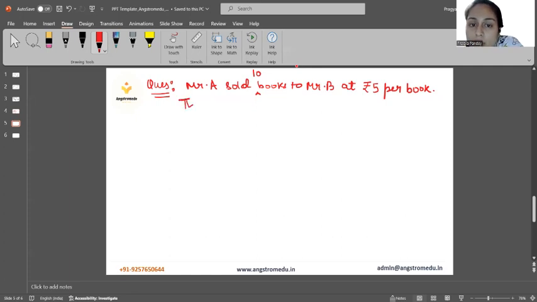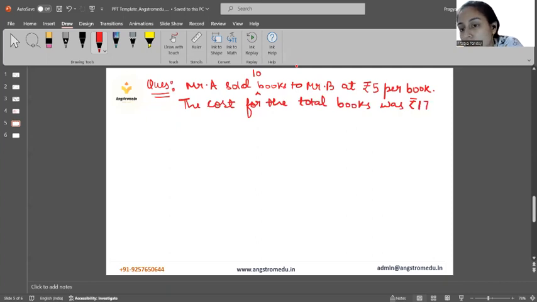The cost for the total books was 1700. Okay.